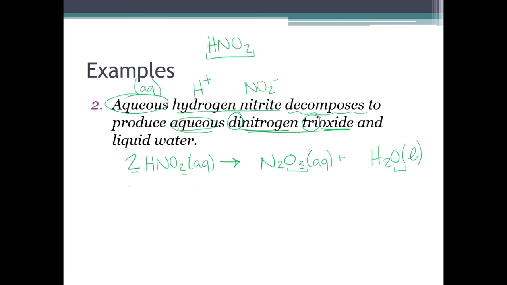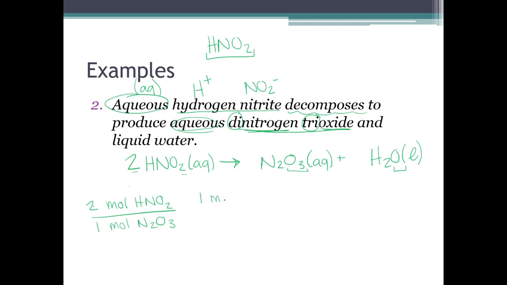Again, there are plenty of different ways we could do this. We could do 2 moles of HNO2 over 1 mole of N2O3. Or we could flip it and change the units.